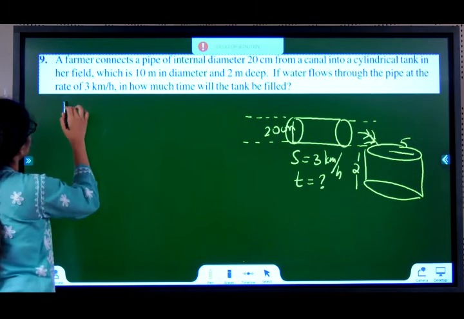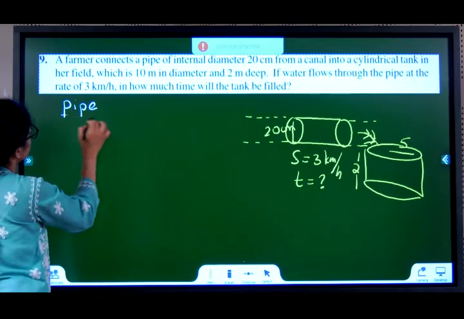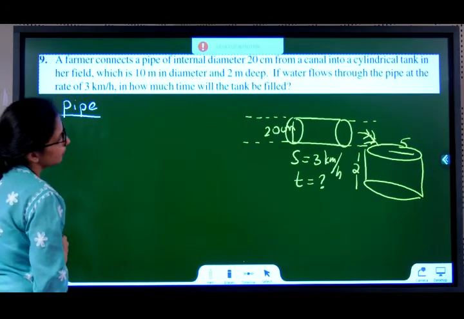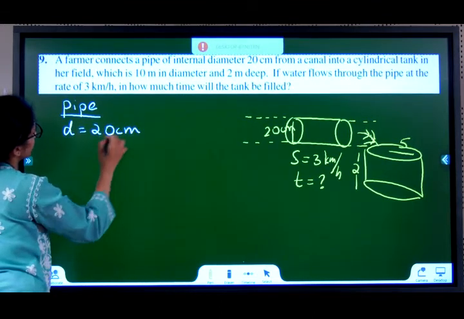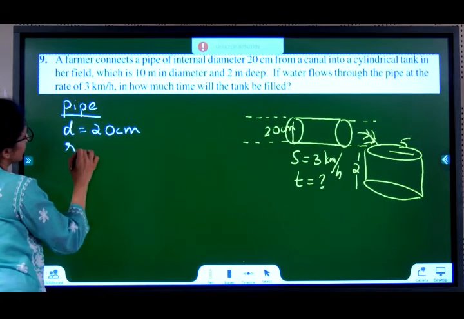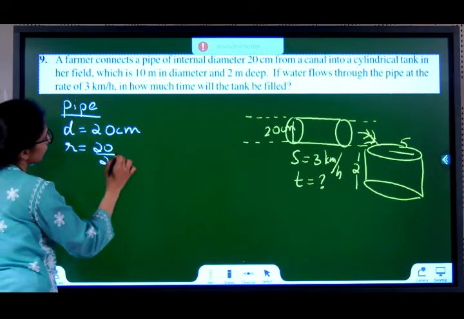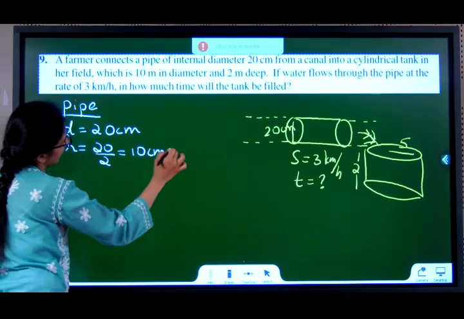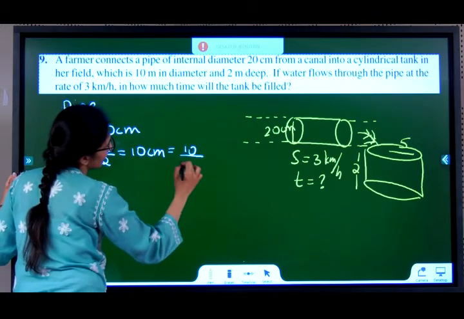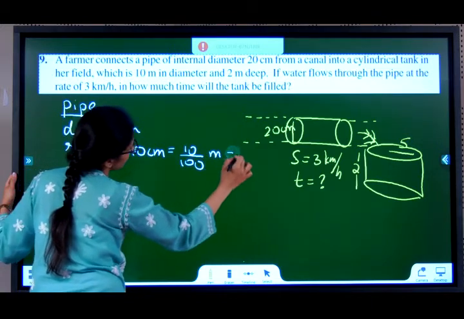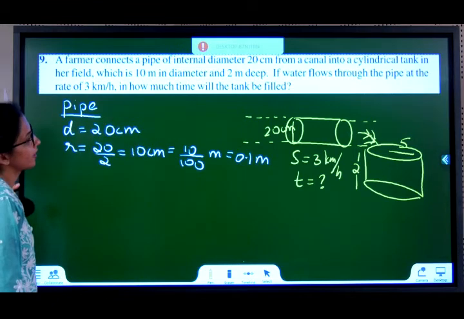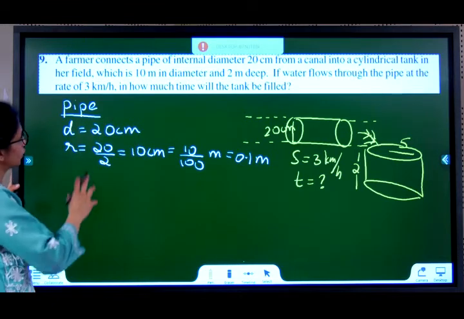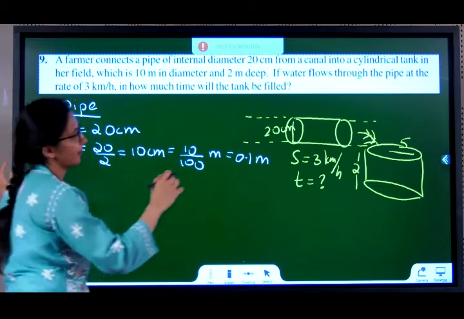First we will talk about pipe. Pipe's diameter is given as 20 centimeter. So radius will be 20 by 2, 10 centimeter. But I want it in meters. So 10 by 100 meters, which is 0.1 meters. Now, do I have the height of the pipe?